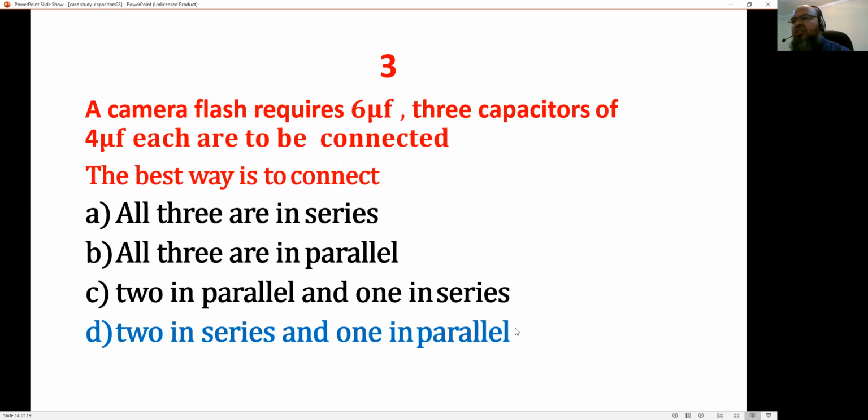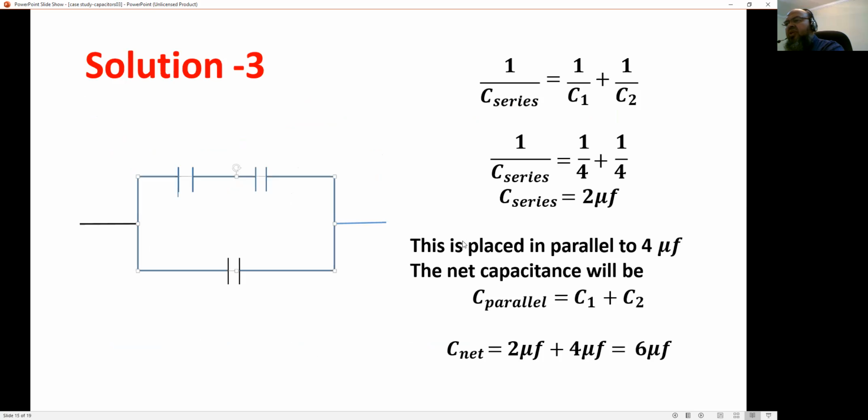Now the camera flash requires, question number 3, 6 microfarad and 3 capacitors 4 microfarad each are to be connected. It means with the help of 4 microfarad you have to obtain 6 microfarad. So what will be the best way to connect them? Then obviously this is some mathematical question. You know that 2 should be connected in series, 1 in parallel, as I have shown you in the solution, that 2 are connected in series, and whatever answer comes for that, that will be in parallel to this one.